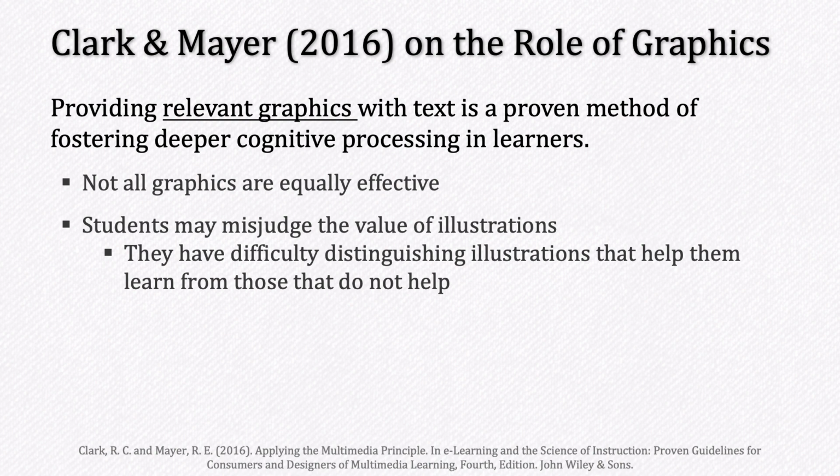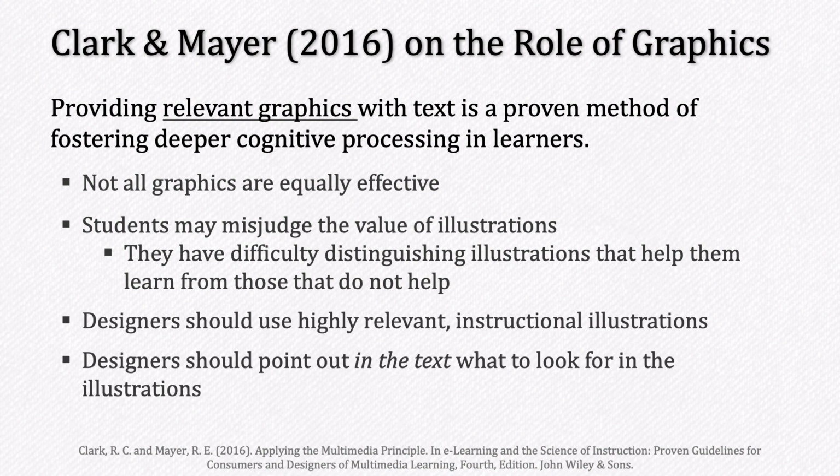And it turns out that students actually have difficulty distinguishing illustrations that help them learn from those that do not help them learn. This reality means that designers should only use highly relevant instructional illustrations. It also means designers should point out in the text what to look for in illustrations.